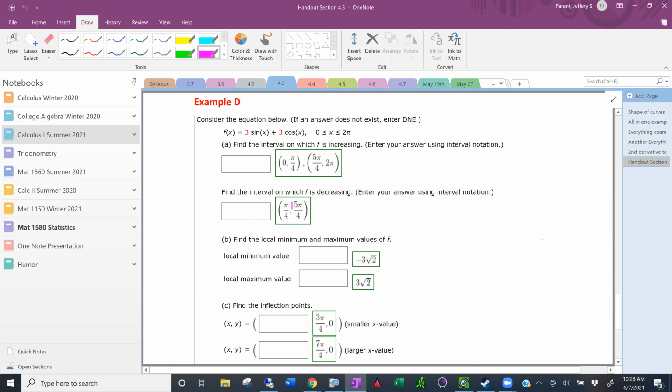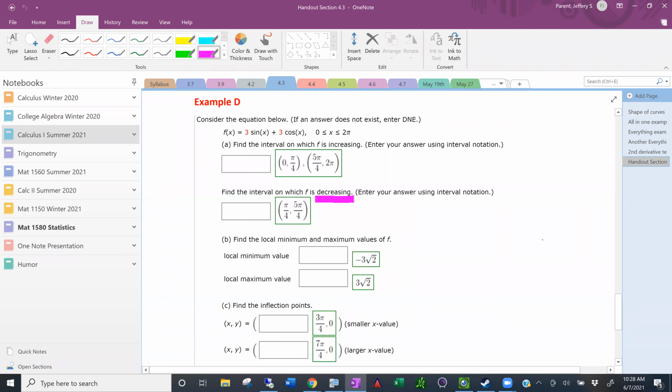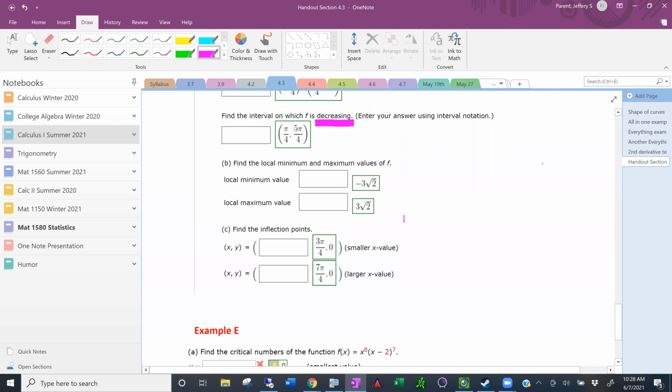So the rest of this, you've got intervals on which it's decreasing. Okay, we figured that out. One thing we didn't take the time to figure out was the local min and local max. Now here, when they're looking for local min and local max, they're looking for the y coordinate. They're not looking for the x values.